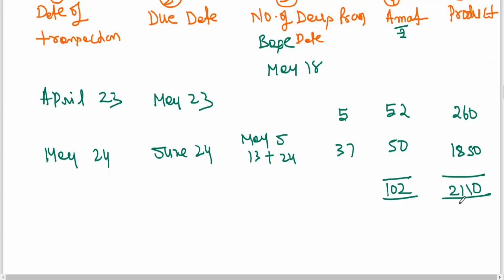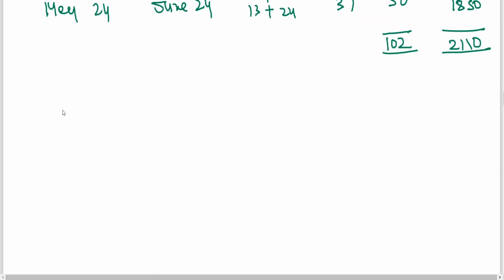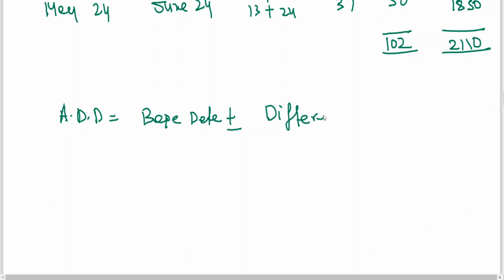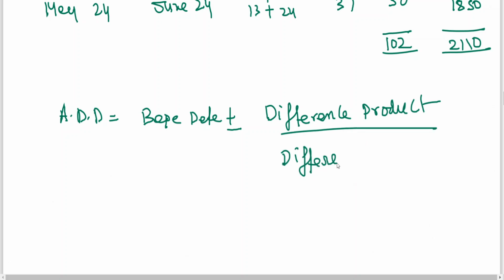Okay. Now the formula. Average due date is equal to base date, which is common, plus or minus difference in product by difference in amount. So that is equal to base date.